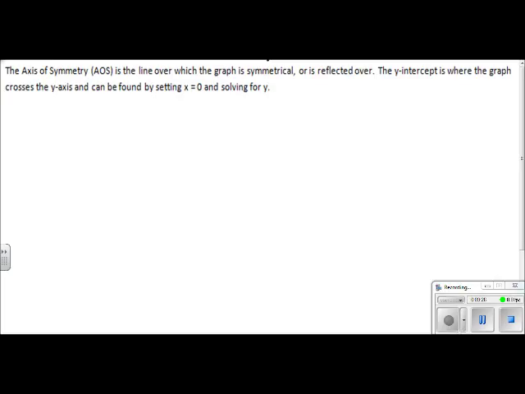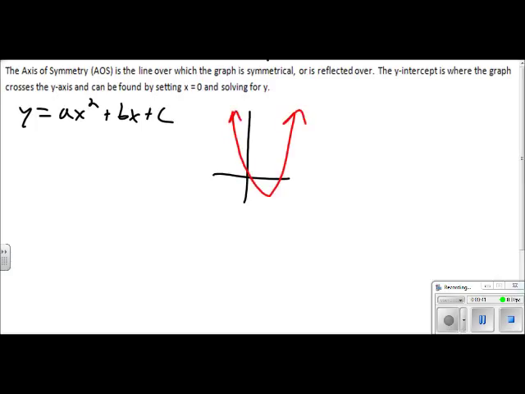So in standard form, remember we said it was y equals ax squared plus bx plus c. Well, anytime that we have a parabola, doesn't matter where it's at, where it hits the y-axis, that x value is going to be 0 right across the y-axis.